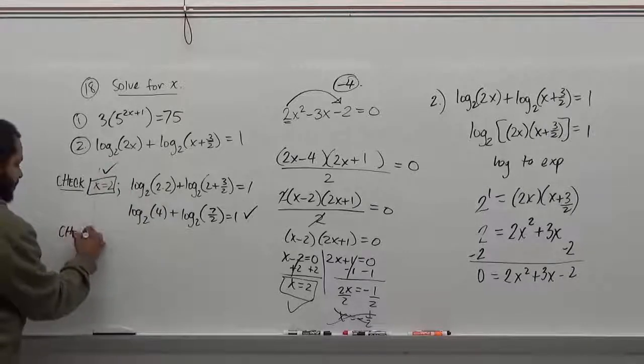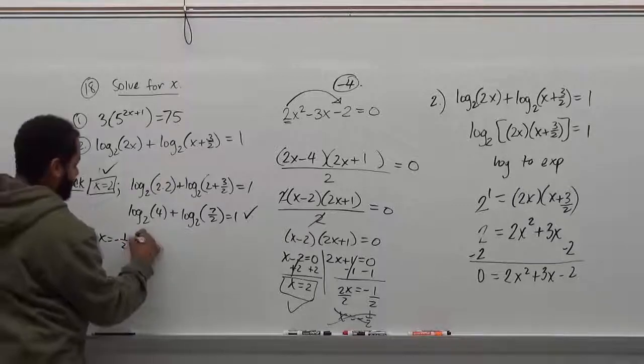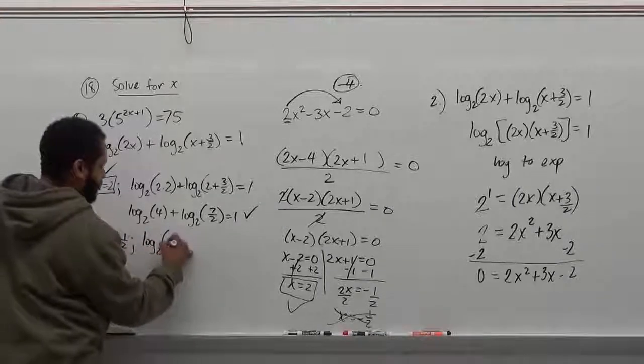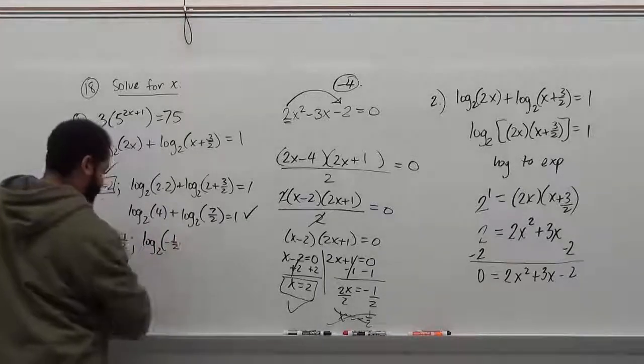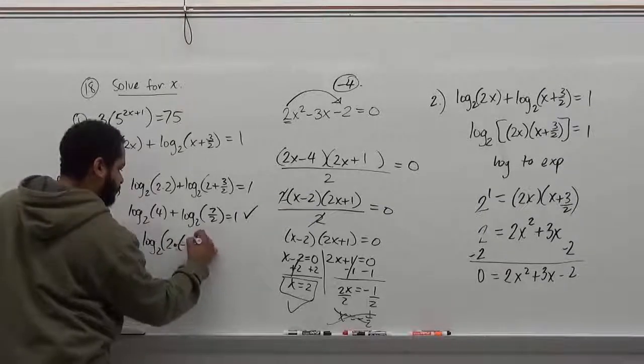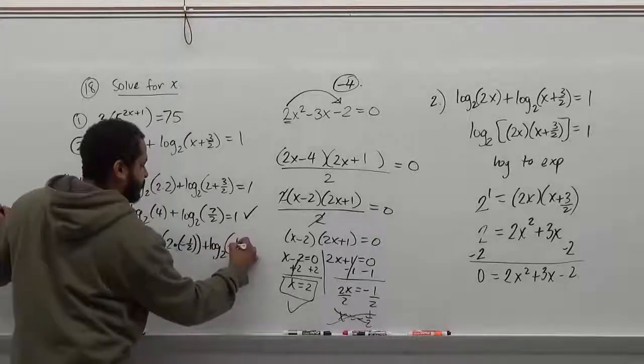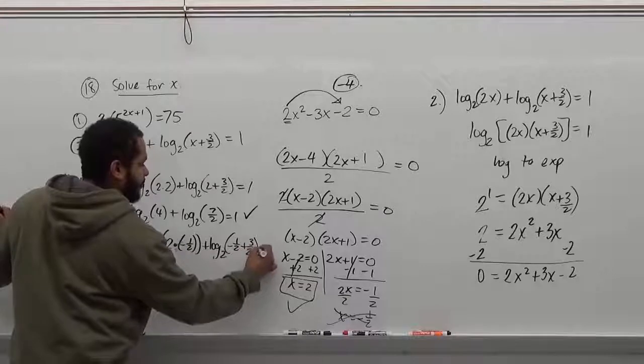When we go to check negative 1/2, what we get here is the log base 2 of 2 times negative 1/2 plus log base 2 of negative 1/2 plus 3/2 equals 1.